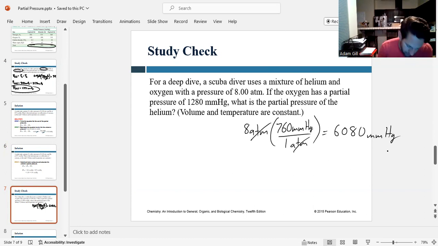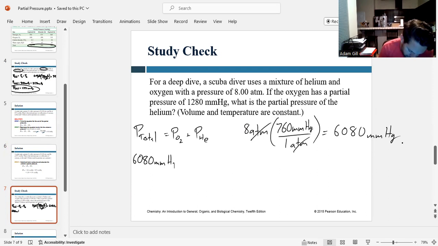So our overall equation is pressure total equals the pressure of the oxygen plus the pressure of the helium. They tell us the total pressure is 8 atmospheres or 6080 millimeters of mercury. The pressure of the oxygen is 1280.